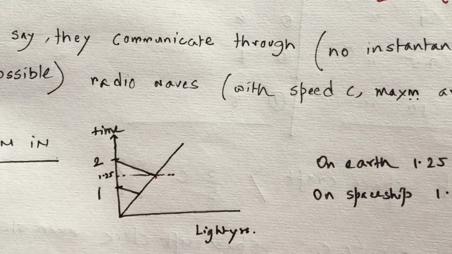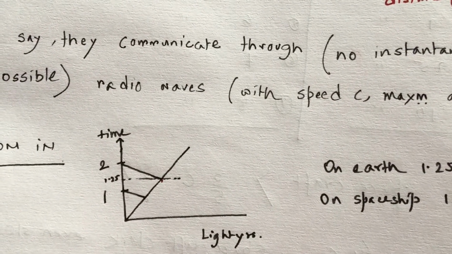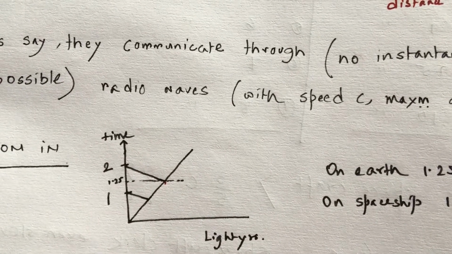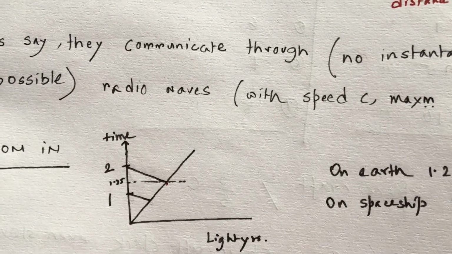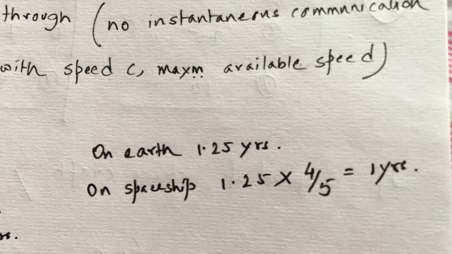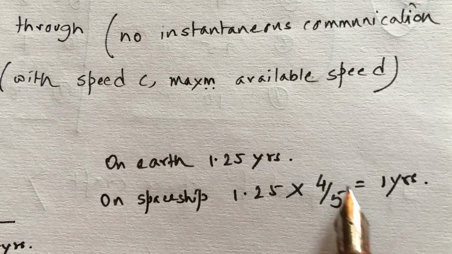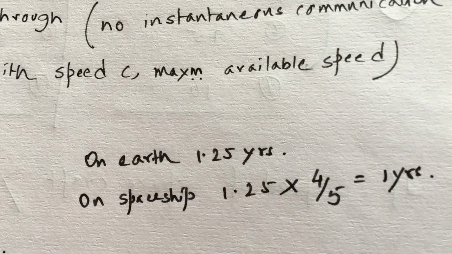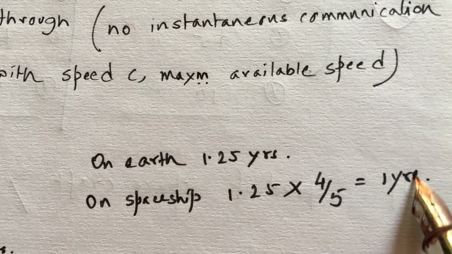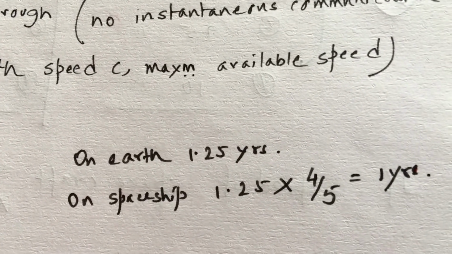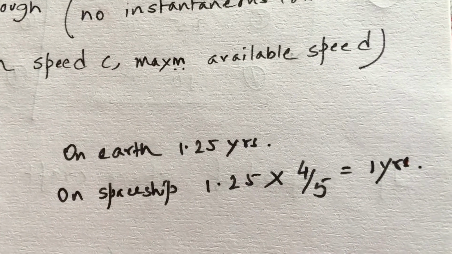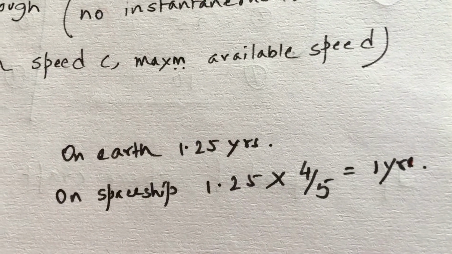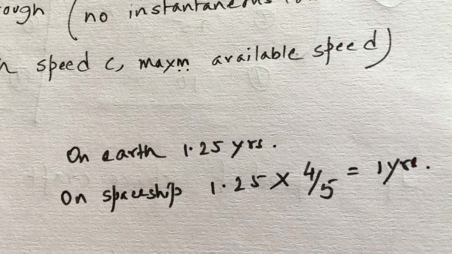And as it is traveling with the speed of 3 by 5 c, we have already calculated that t equals t prime times 4/5. So on the spaceship, the conversion factor will be 4/5. So now the twin inside the spaceship is of age 1 year.